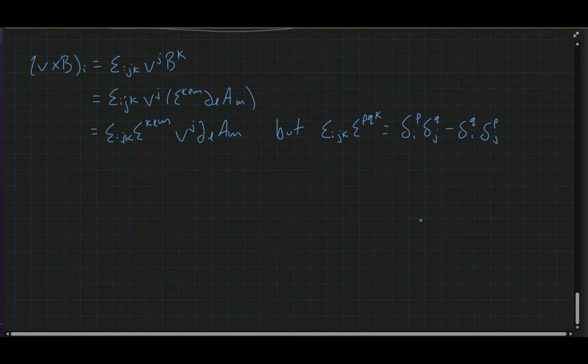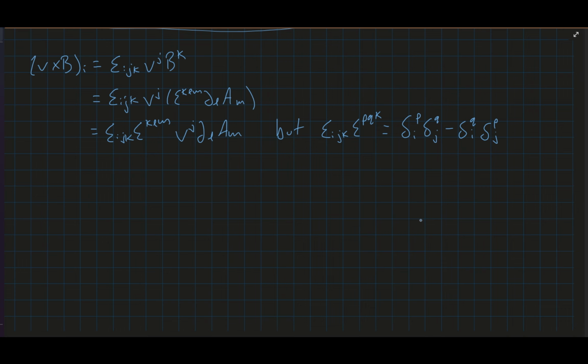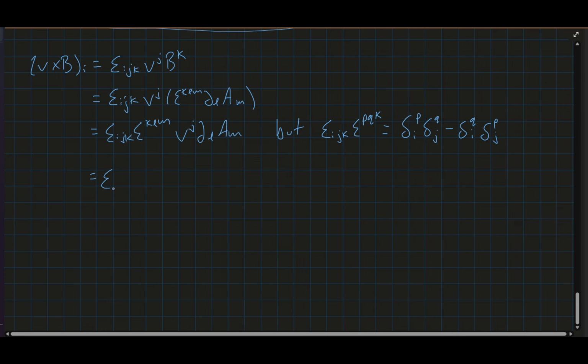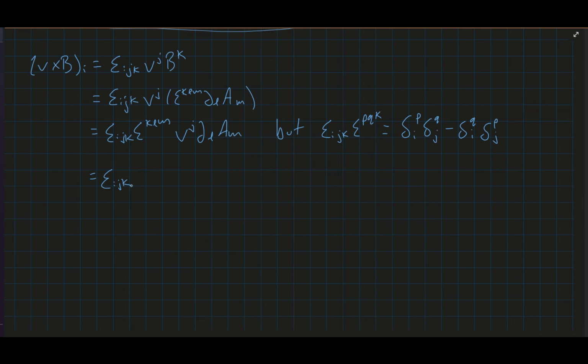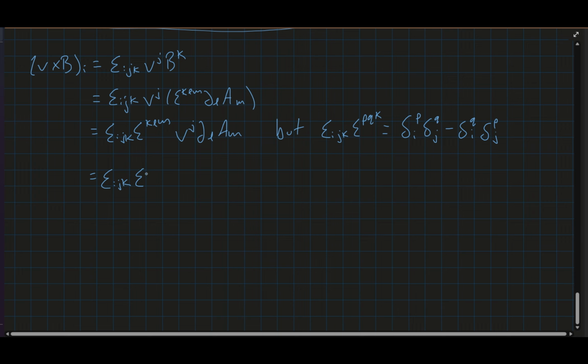So let's manipulate the Levi-Civita tensors to get something like this. We can leave this one alone, but let's try and get this K to the end of this one. That'll be one permutation, which gives us the minus sign, but then one more permutation, which takes the minus sign away. And we end up with epsilon_LMK V_J del_L A_M.